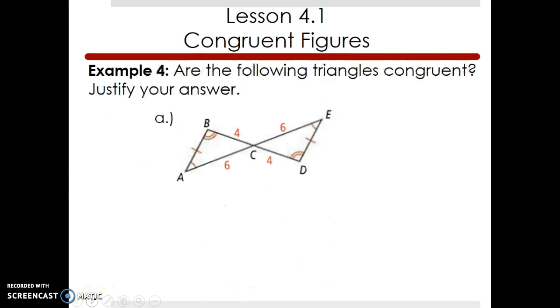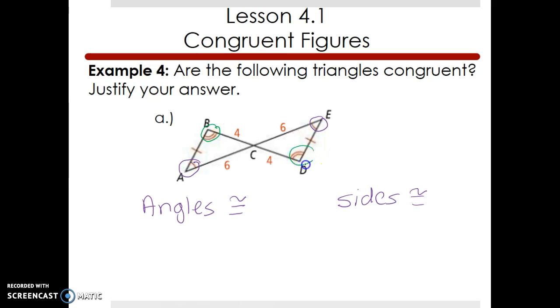The last one, example 4, is asking whether we know that the triangles are congruent. If the triangles are congruent, all the angles have to be congruent, and sides have to be congruent. We have angles that are congruent because of that symbol.